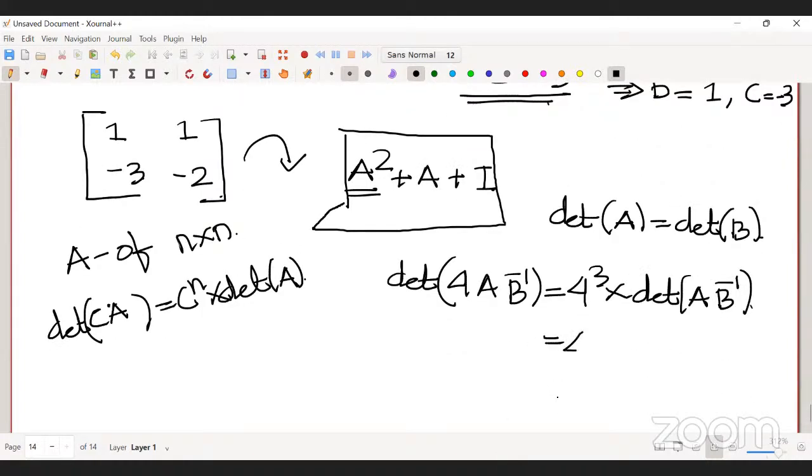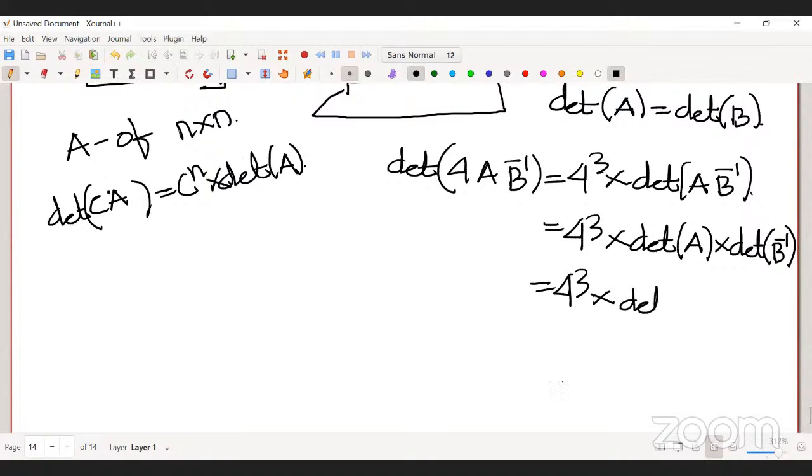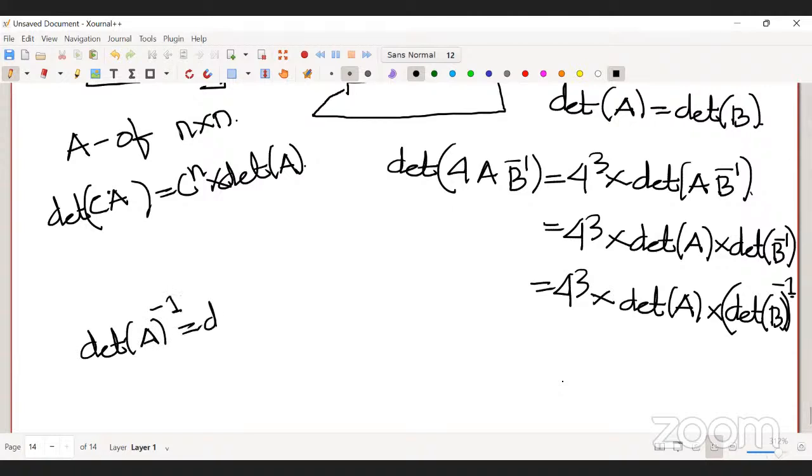So this is nothing but 4 power 3 times the determinant of A into the determinant of B inverse. And we have already proved that the determinant of a matrix inverse is the same as 1 by the determinant of the matrix.